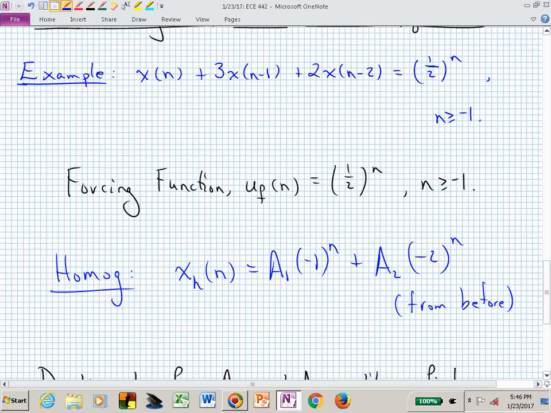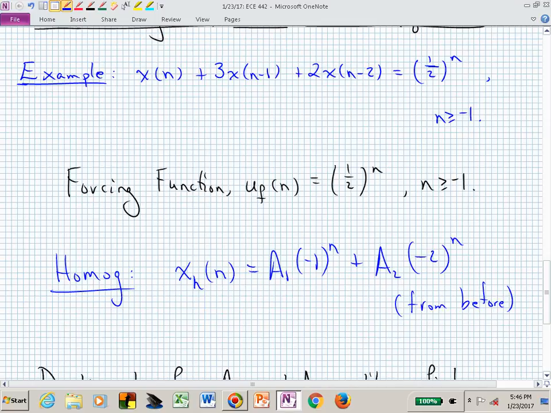I say usually because if your homogeneous has the same structure of this, you need to make the particular solution independent, which means you need to add in some n, or an n squared, or an n cubed, just like you added in a t or a t squared to multiply the particular. In this case, 1/2 doesn't equal -1, and it doesn't equal -2, so we can just stick with 1/2.